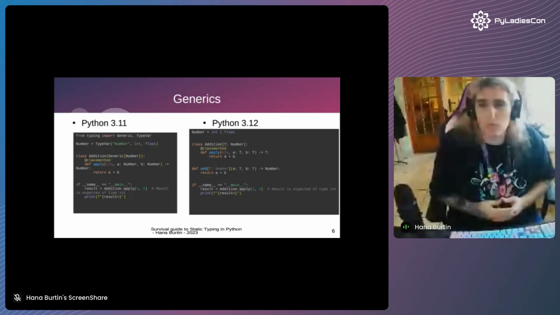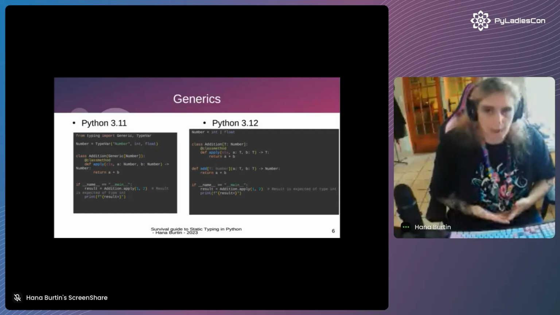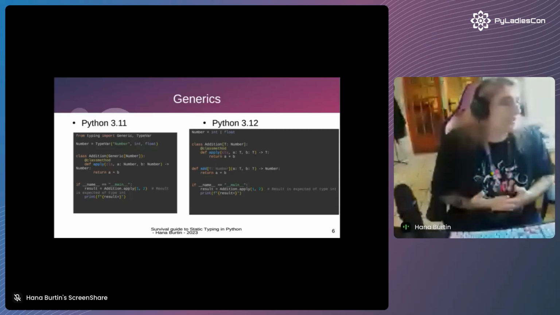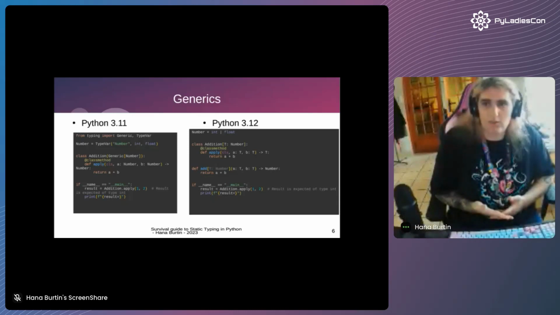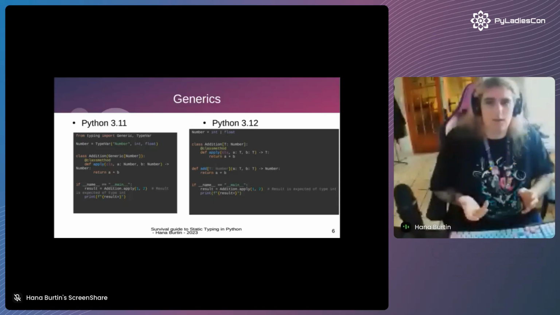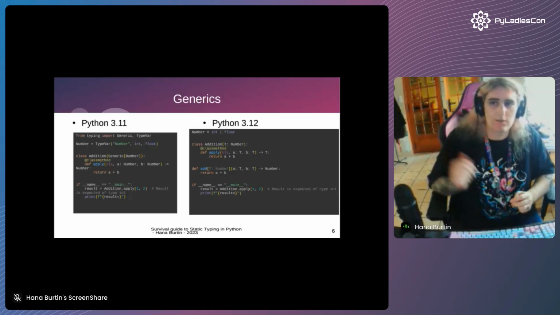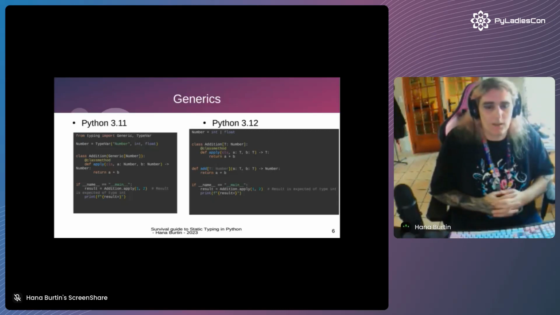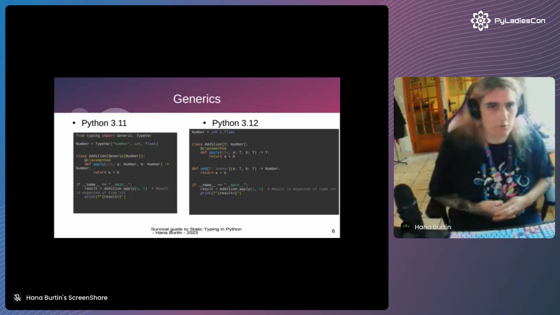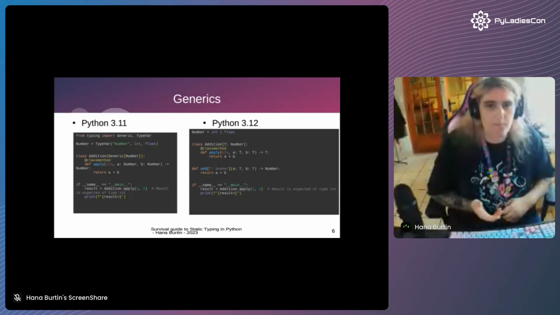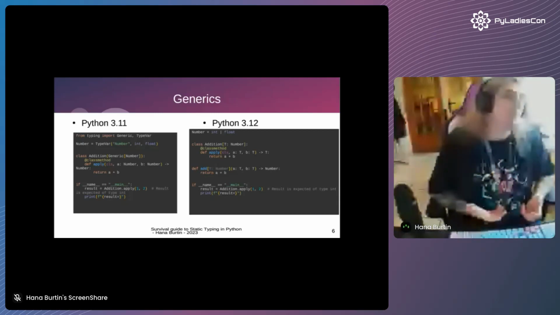Generics are a way to write a function that will do the same operation on different types of objects. Here you see on the screen two ways of writing it. The first one is for older versions of Python, so Python 3.11 and before, and the right one is for Python 3.12, which changed a bit of the syntax on generics to make it easier to read.